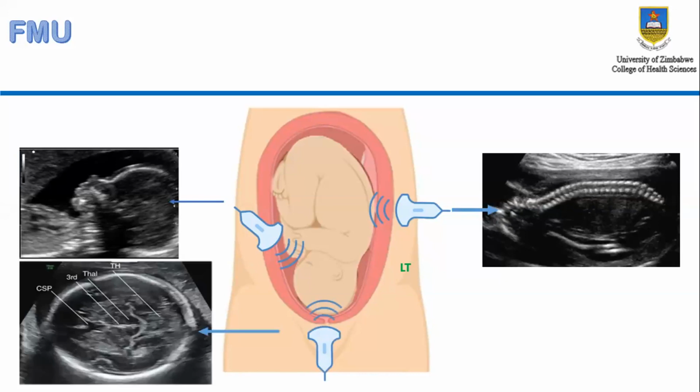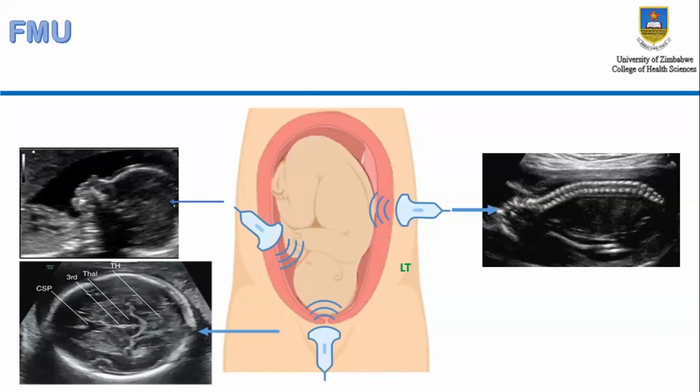It will make the scan quite easy and even faster, because we know if you want the spine, we have to put our probe somewhere over there, and the same if you want the face or the head circumference, as illustrated in this image.